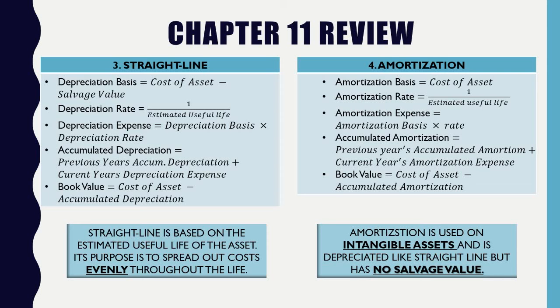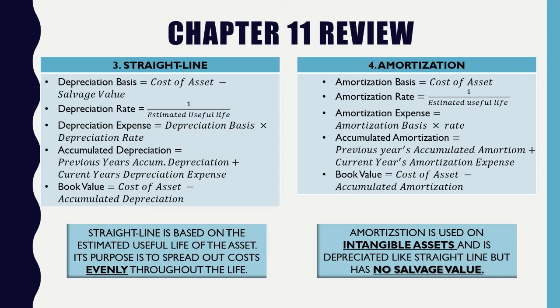So once again, the difference between the methods: straight line is literally spreading the asset cost amongst the total lifespan. So in this case, if there's 5 years, you're going to divide the asset cost minus the salvage value by 5, and you would get how much to depreciate every single year, because you're depreciating it evenly throughout its life.